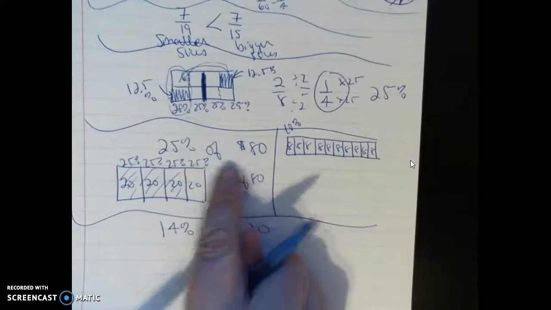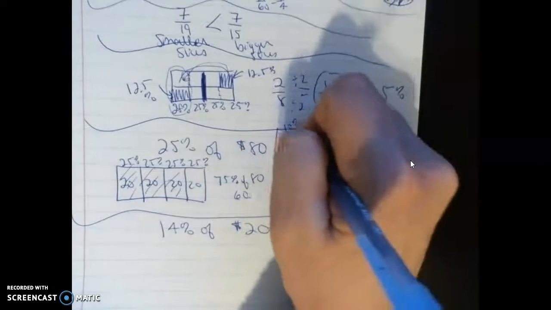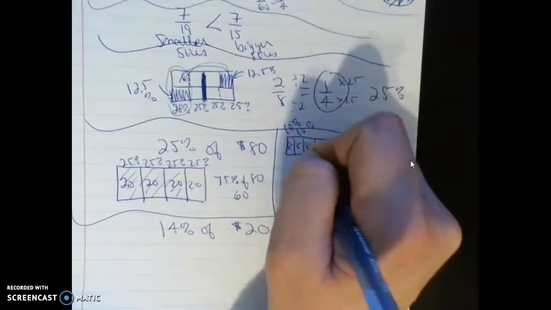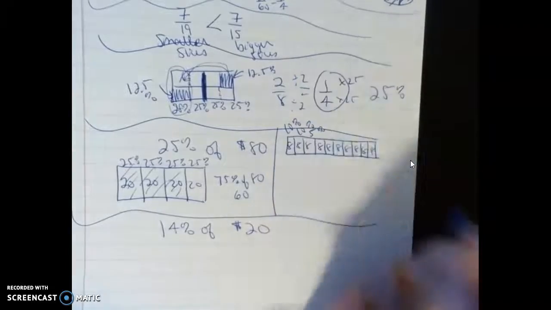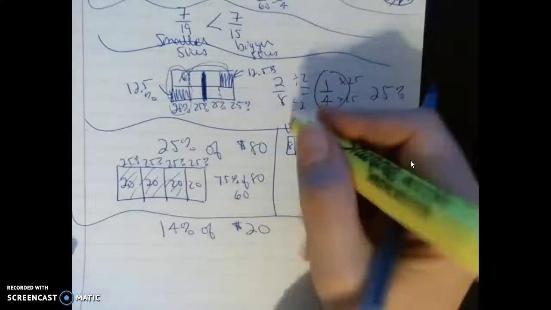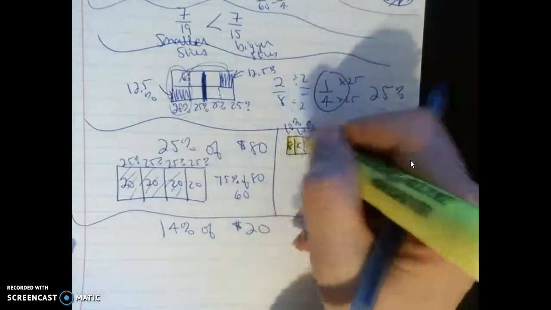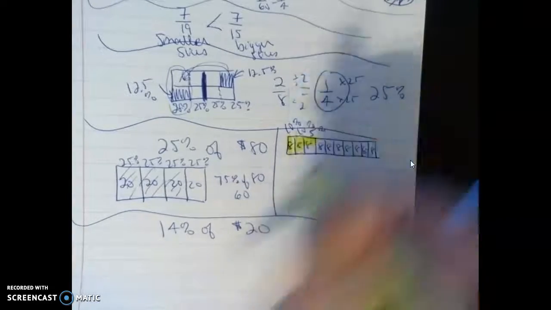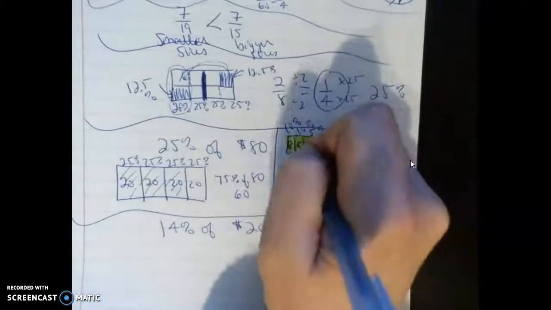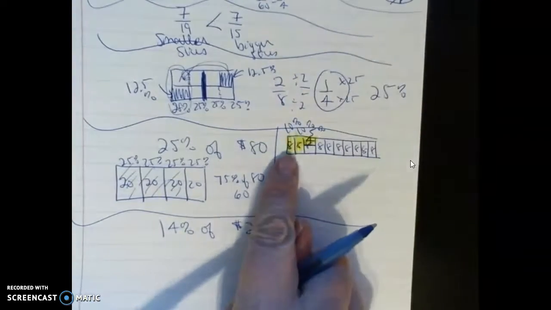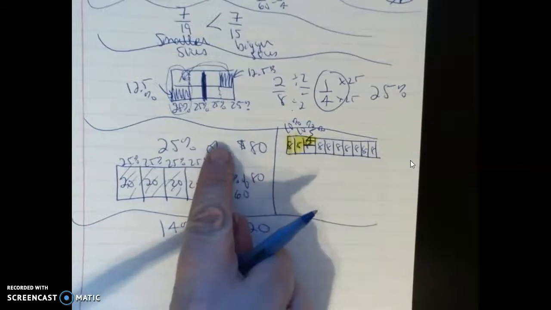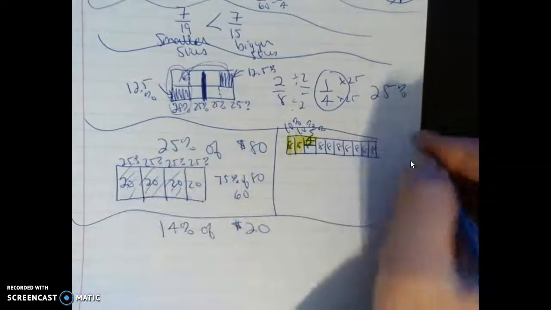If I want 25%, I'd have to do two 10%s, and then a 5%, so I'd have to do a half. So I would need a 10%, a 10%, and then just half of that, and half of 8 is 4. So 8 plus 8 is 16, plus 4. I'm still going to get the same answer of 20.